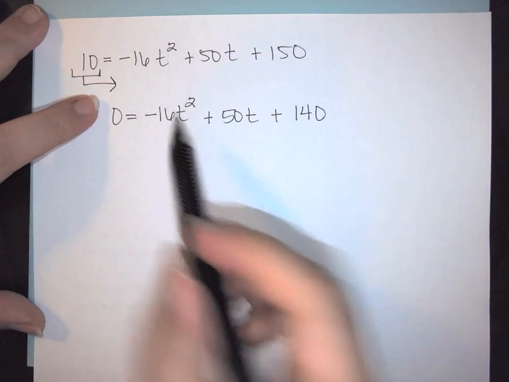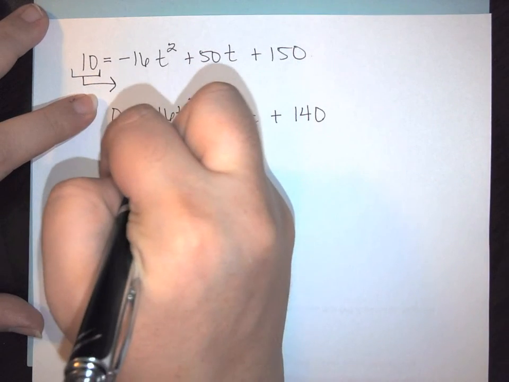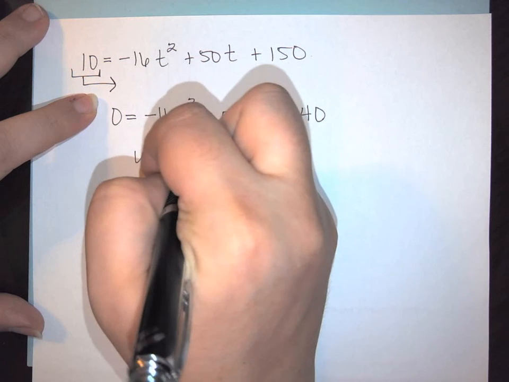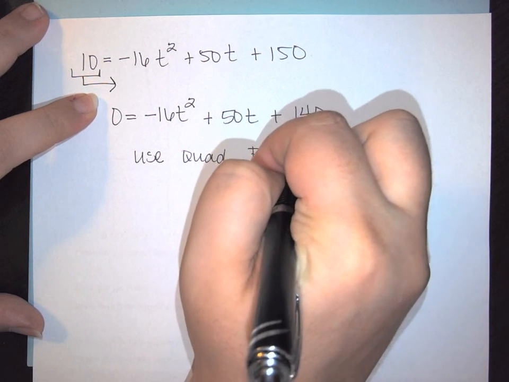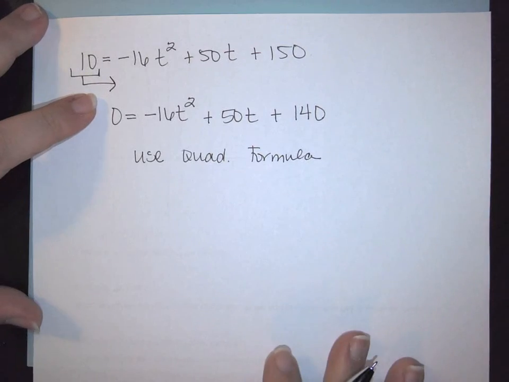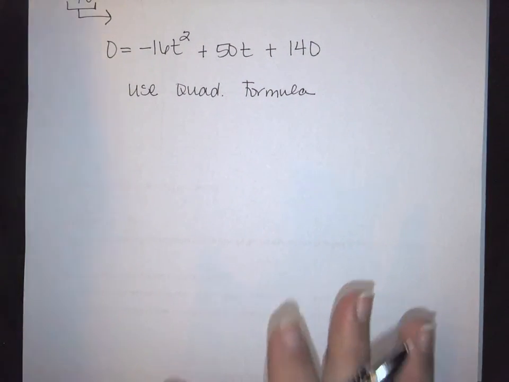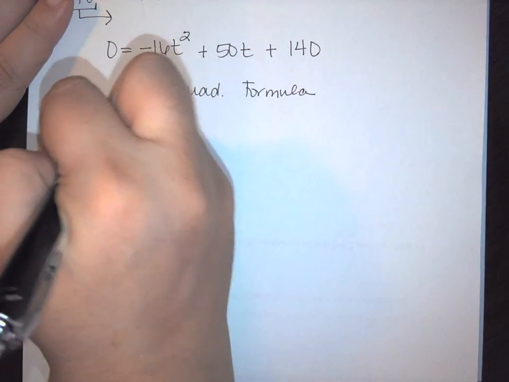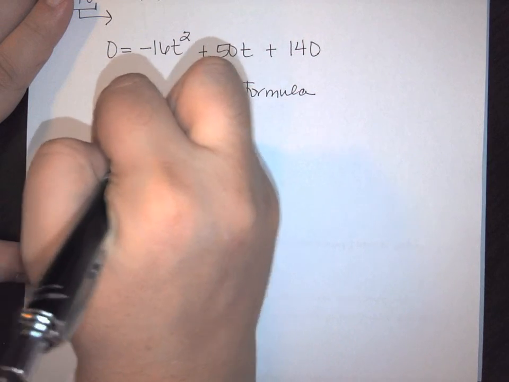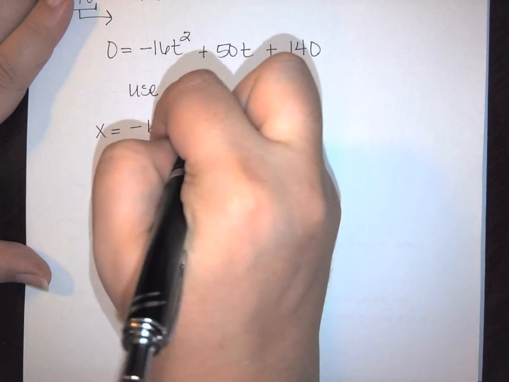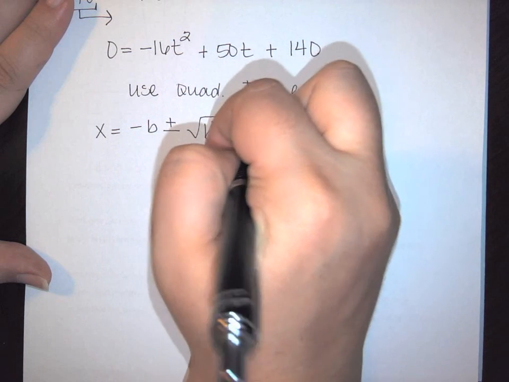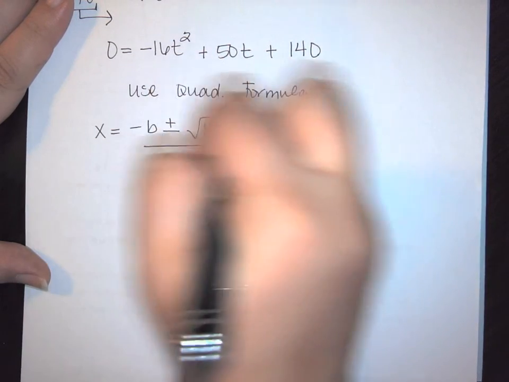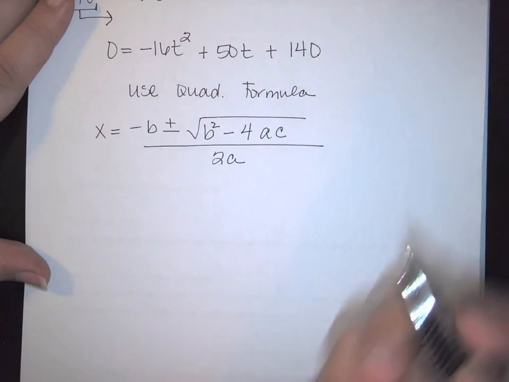Now, notice I have big numbers, so I would definitely use the quadratic formula. Again, that formula is that x is negative b plus or minus the square root of b squared minus 4ac, all over 2a.